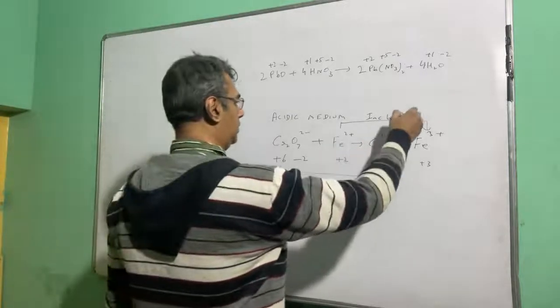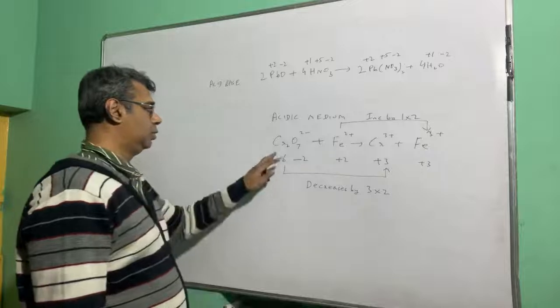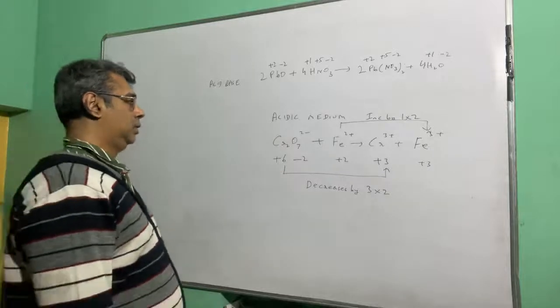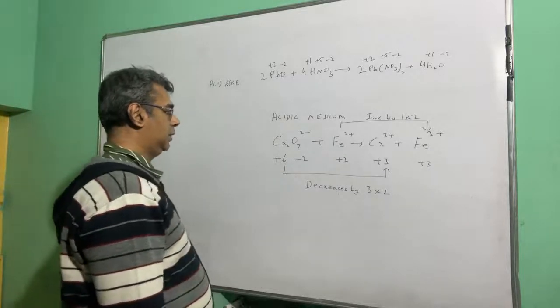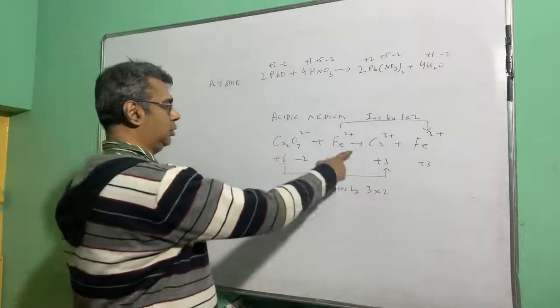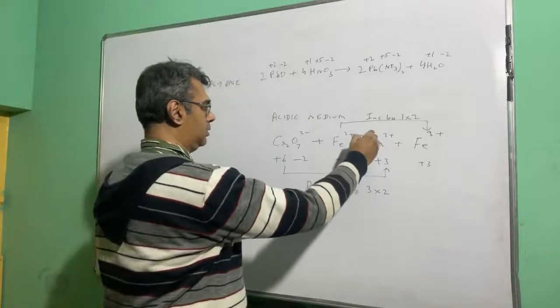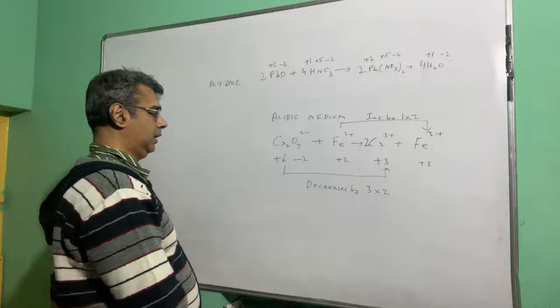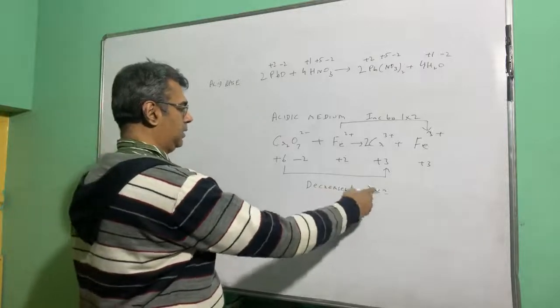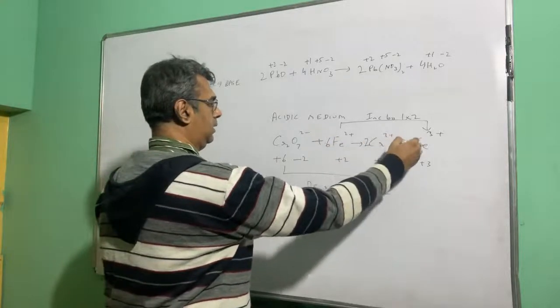And here also you must write 1 into 2 because there are two chromiums. So in case of chromium, here it is written 2, but here it is not written anything, so you put a 2. And in case of iron, it is 3 2s are 6, so here and here you write a 6.